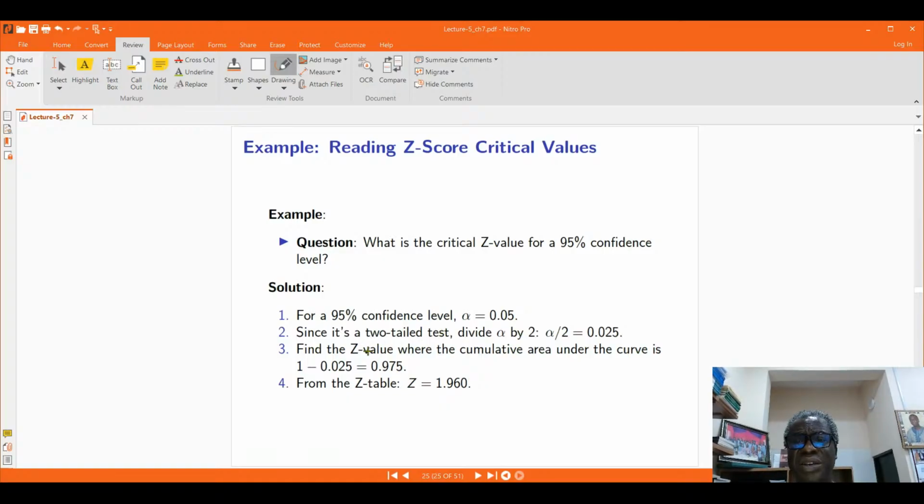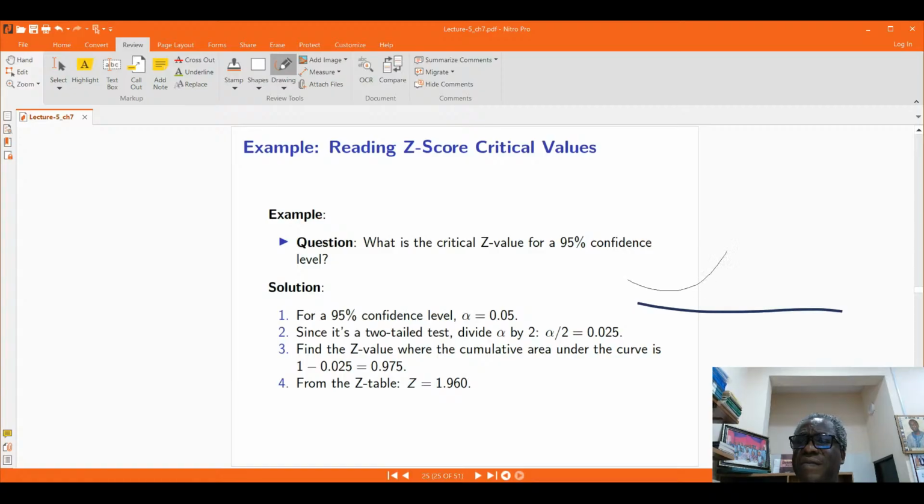Since our hypothesis is a two-tailed test, because the alternative is saying not equal to, we have to divide the alpha by 2, and that gives us 0.025. So it's like you have your plot this way. Since it's a two-tailed test, it could be on either side.